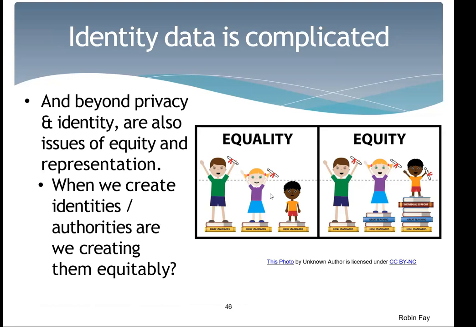But then when we start to think about what we should do with the data about the creators and the publishers and the editors and the illustrators and all of the people connected to the resources that we collect and the data we create about those resources, it goes much beyond the privacy piece.